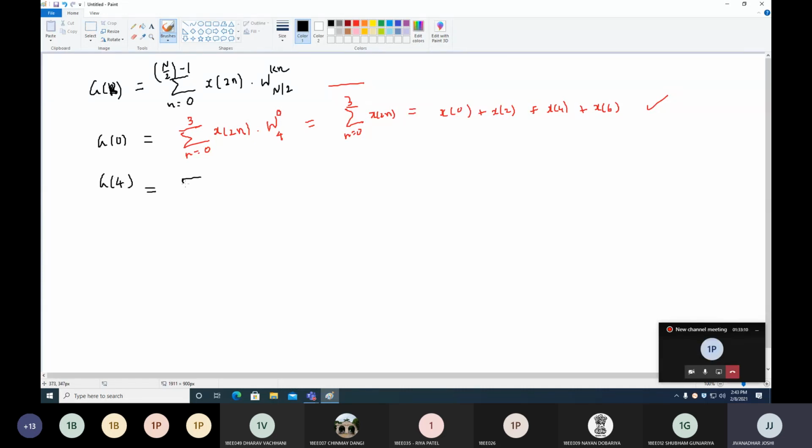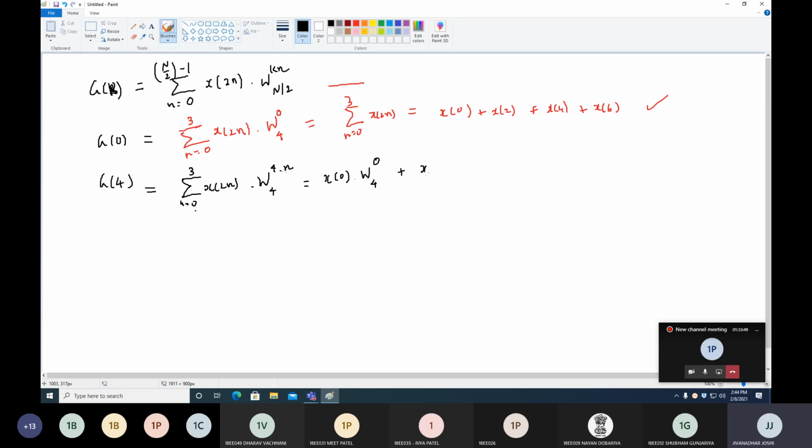Now let us find out G of 4. G of 4 is equal to summation n equal to 0 to 3, limit is same, x of 2n into w4 raised to how much is k? K is 4, so 4 into n. Now release it directly. So x of 0 into w4 raised to 0, because n is 0, right?